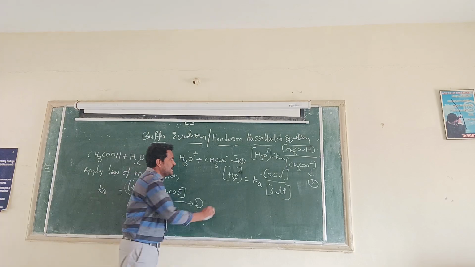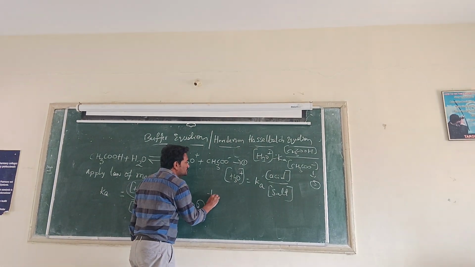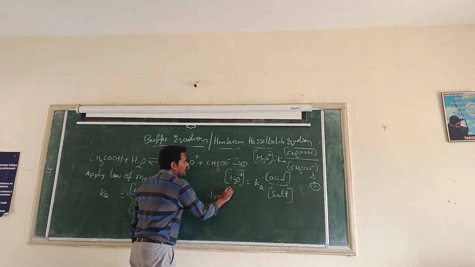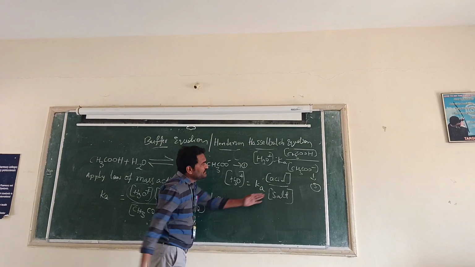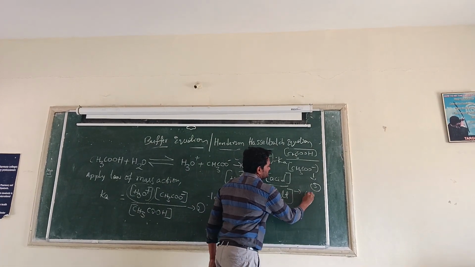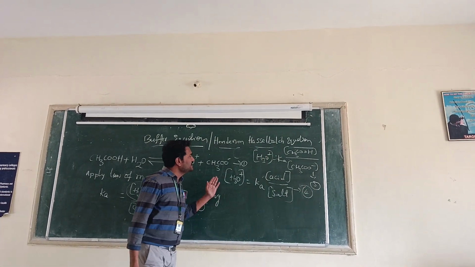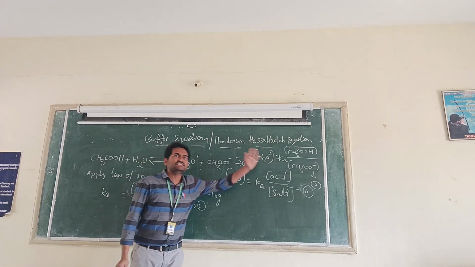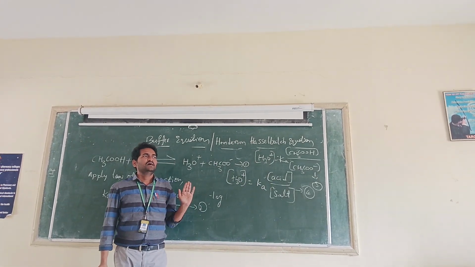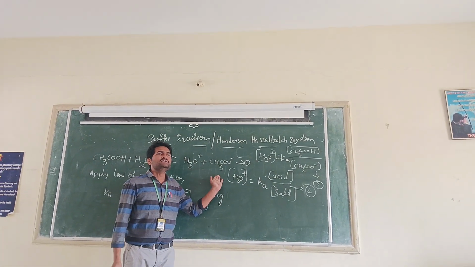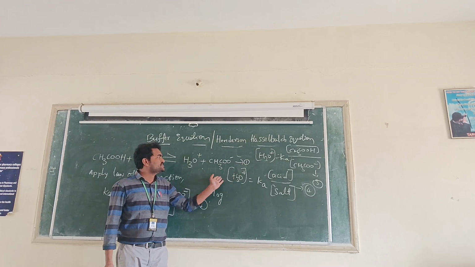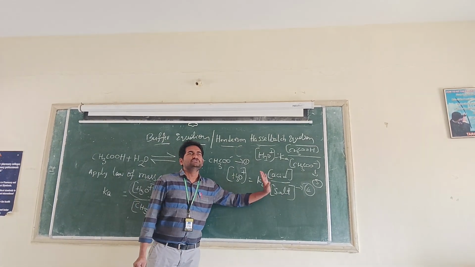Understood? Now we have to apply negative logarithm on either side of equation number 4. We apply log on both the left-hand side and the right-hand side, and we also change the sign, meaning positive becomes negative and negative becomes positive.